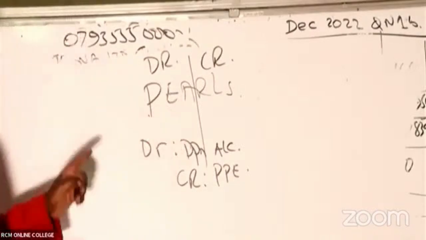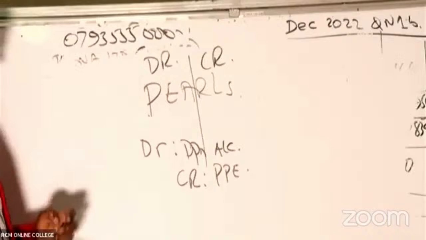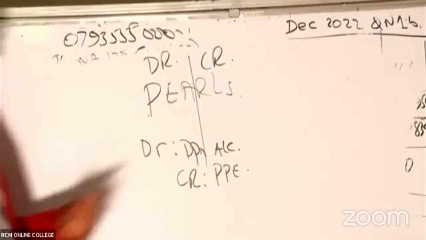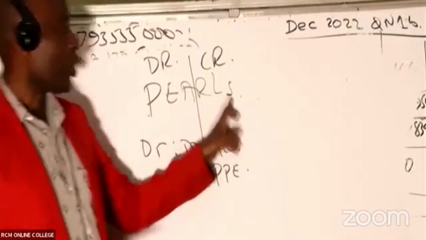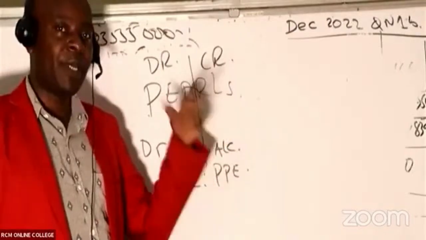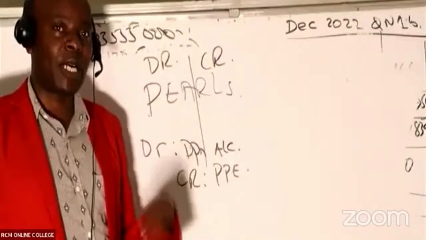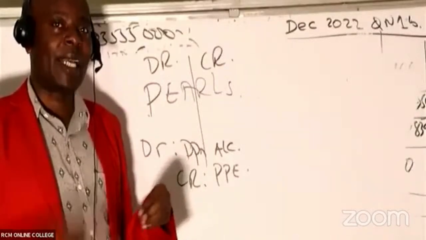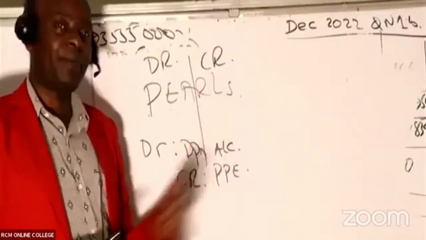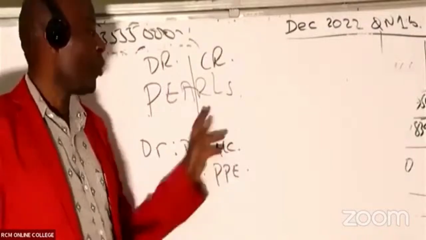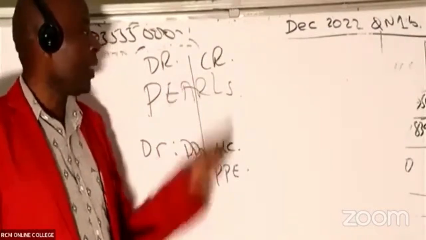Whenever they increase, we debit their accounts. Revenue, liability, and share capital. If the owner brings in money, I'll receive the money as an asset, either bank or cash, debit. And then I credit the share capital. So revenue, liabilities, and share capital, whenever they increase, you credit.